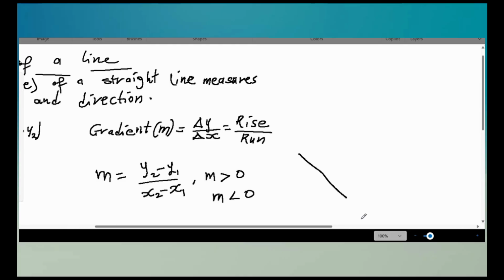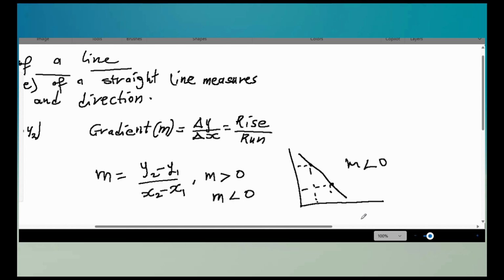In this scenario, if I were to have something like that, so this particular line, given these 2 points, m is going to be less than what? 0.